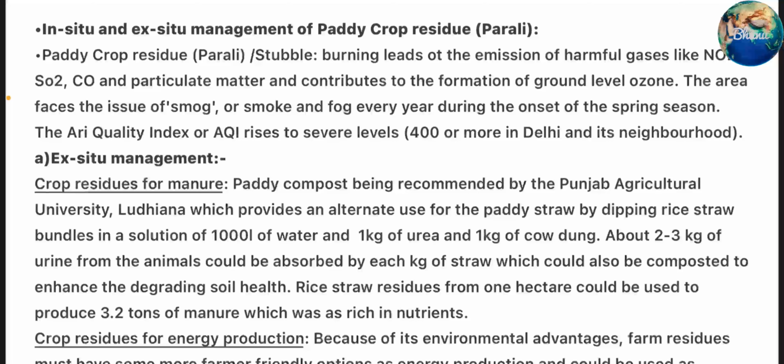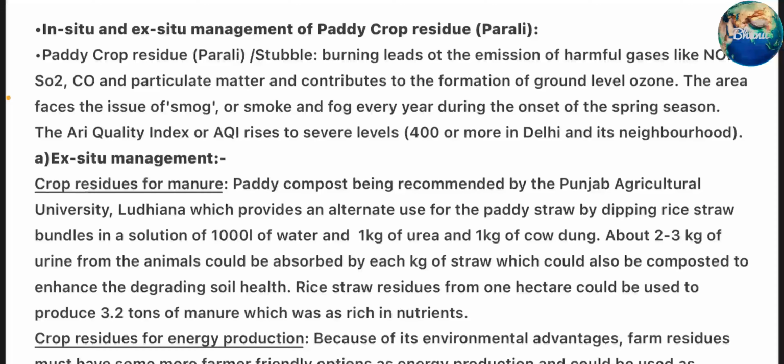The area faces the issue of smoke and fog every year during the onset of the winter season. The air quality index, or AQI, rises to severe levels, 400 or more in Delhi and its neighborhood.